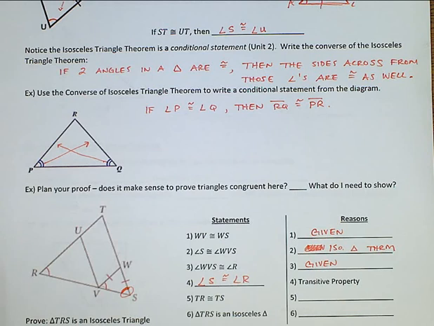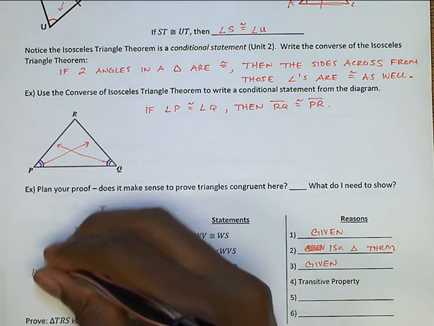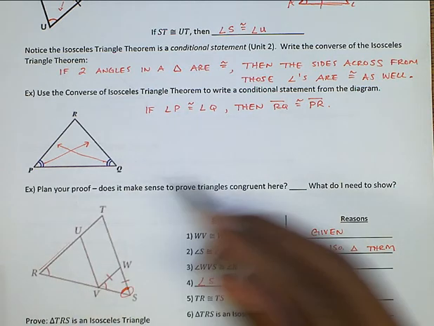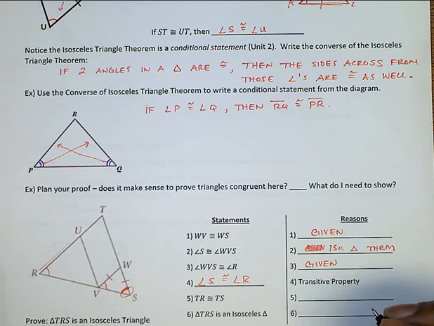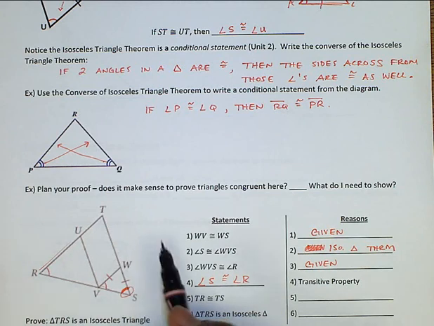Okay. And now, this next step has TR, this whole side, TR is congruent to TS. Why can I say that? Well, because this is an isosceles triangle now. Well, it always has been, but we know it's an isosceles triangle.